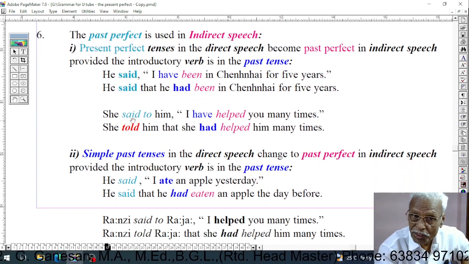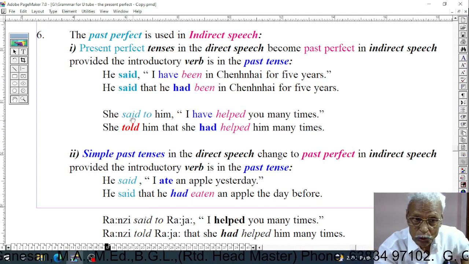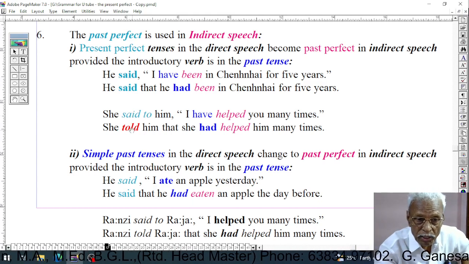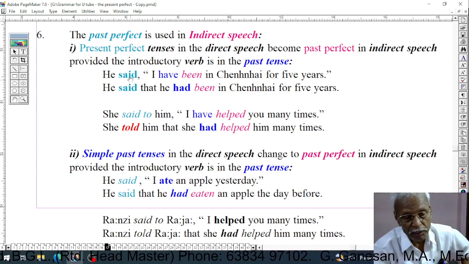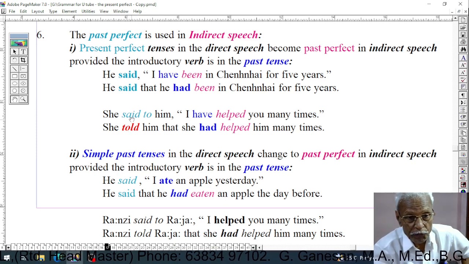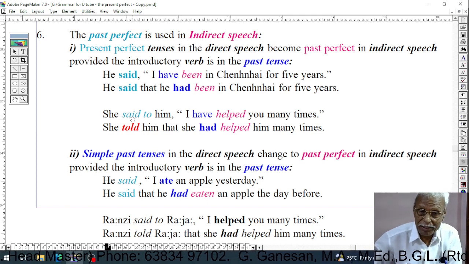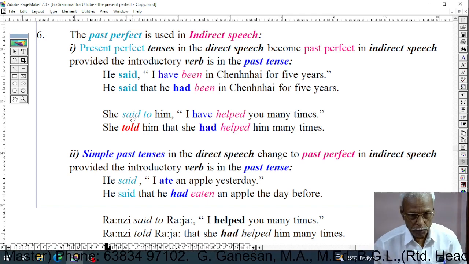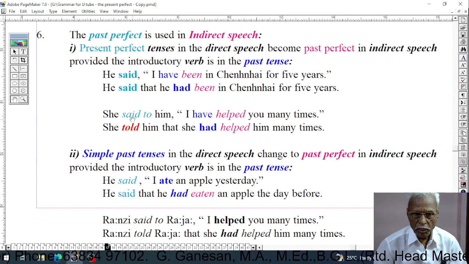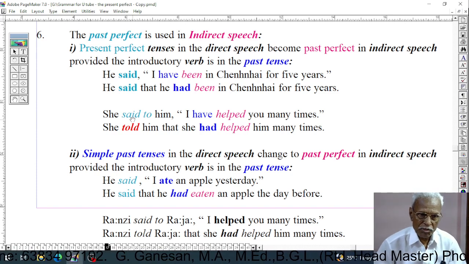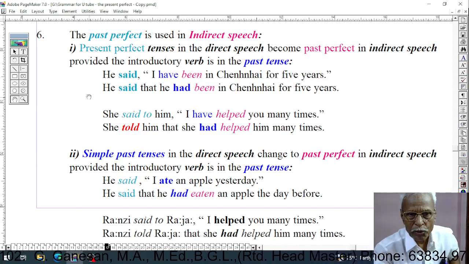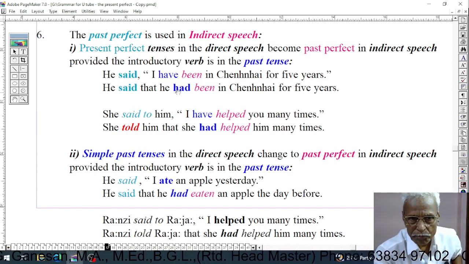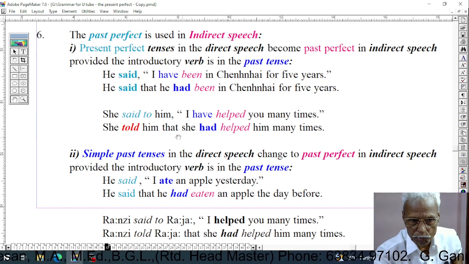If it is said to, if there is a hearer, then it would change into told. He said to him, I have helped you many times. She told him that she had helped him in many ways. So here, present perfect, past perfect.